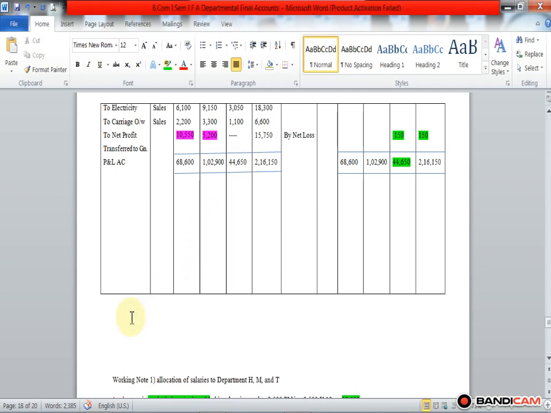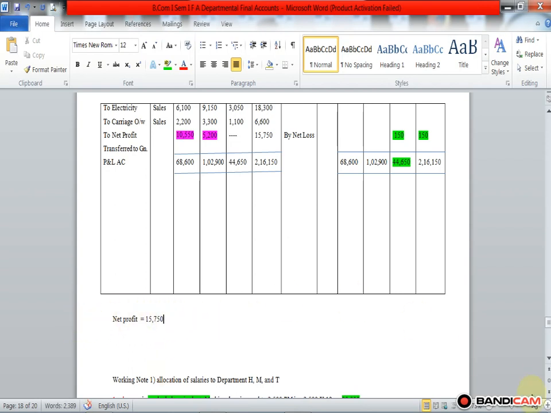Net profit is equal to 15,750, but this is not the true profit.